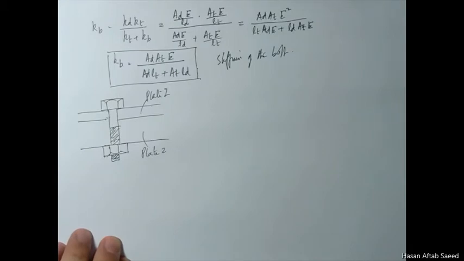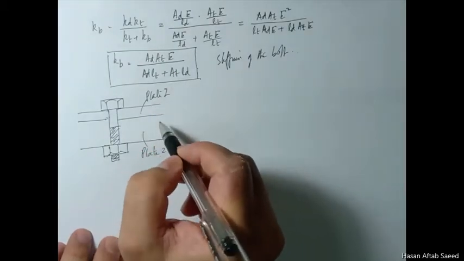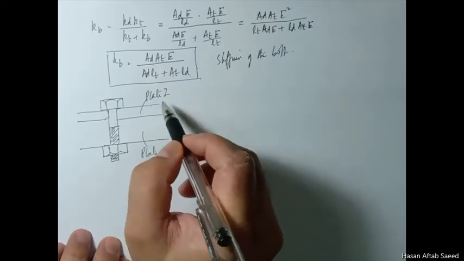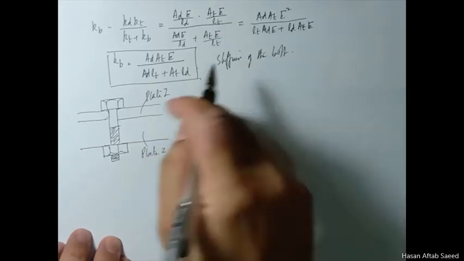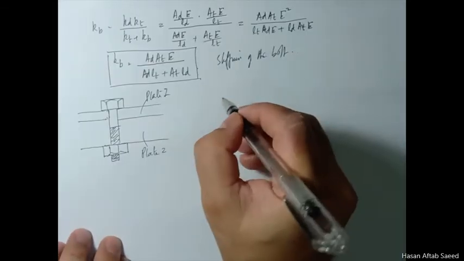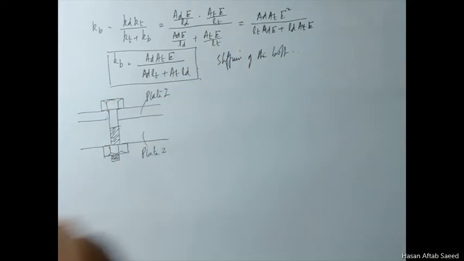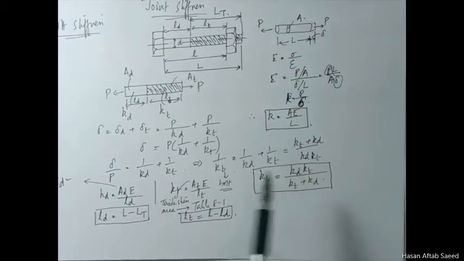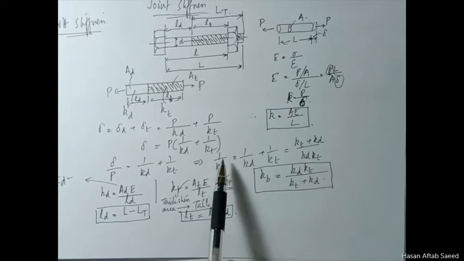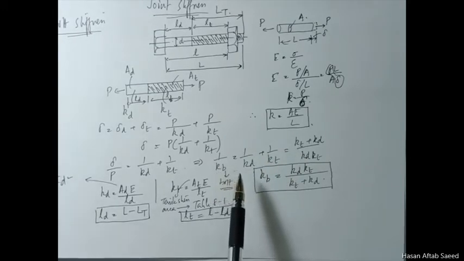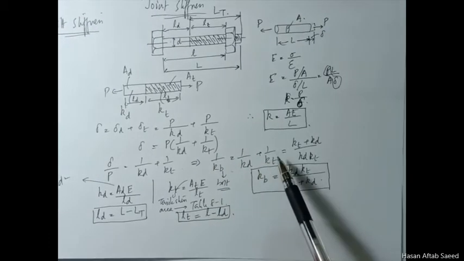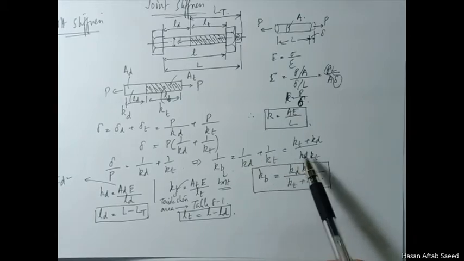Now, because you have two plates here, it could be 3 plates, but let's take the example of 2 plates. Normally it's going to be 2 plates. They are in series again, so your expression will be the same as the last one. That is, for two springs in series, the stiffness of the combination is 1 over k equal to 1 over k1 plus 1 over k2, whatever the number of elements that are added together.